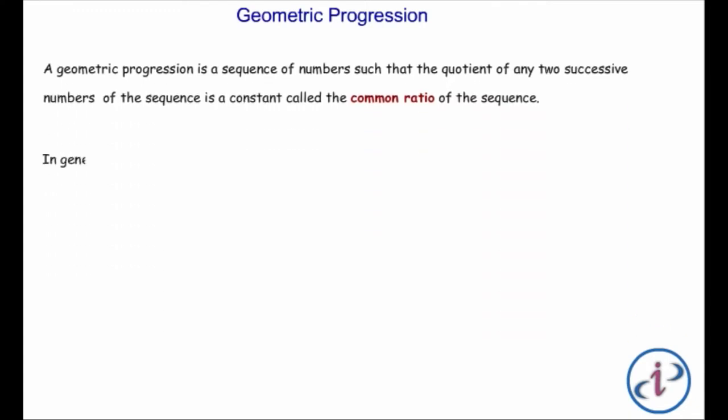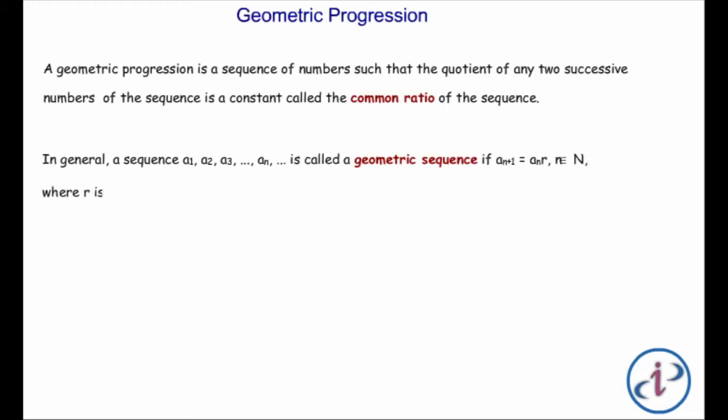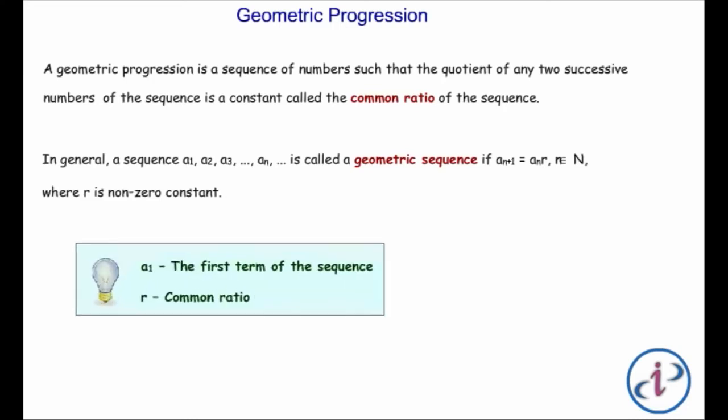In general, a sequence A1, A2, A3 up to An and so on is called a geometric sequence if An+1 is equal to An times r, n belongs to natural numbers, where r is a non-zero constant. Here, A1 is the first term of the sequence and r is the common ratio. A geometric sequence is also called a geometric progression, shortly GP.